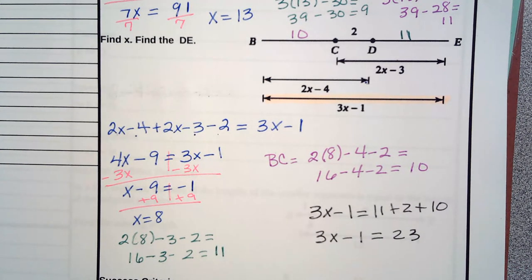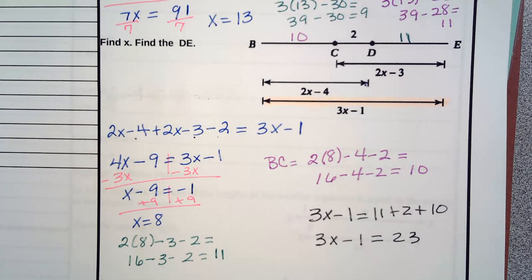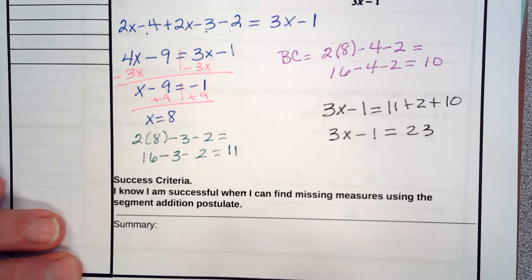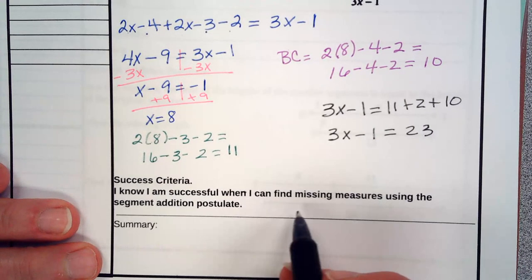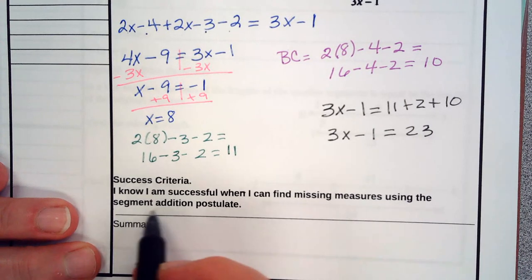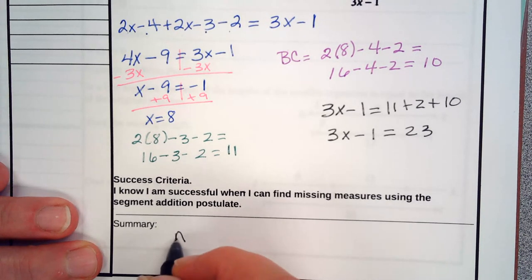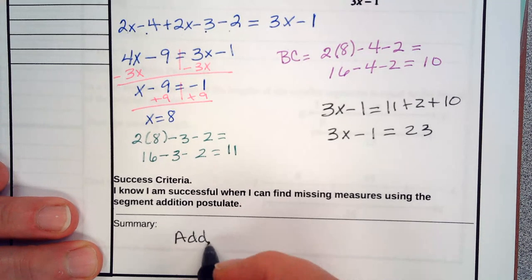Once again, you'll end up with x is equal to 8. We could have substituted 8 in for the whole thing also, but that was a different way to look at it. This is the segment addition postulate, and I know I'm successful when I can find missing measures using the segment addition postulate. We are adding segments.